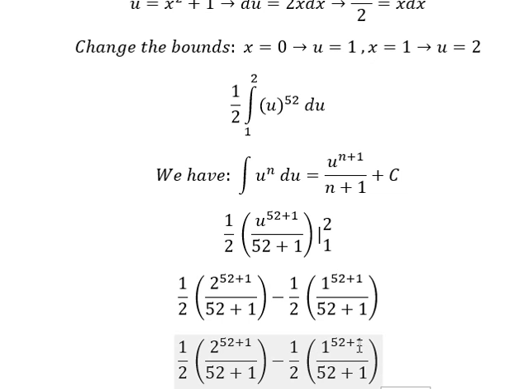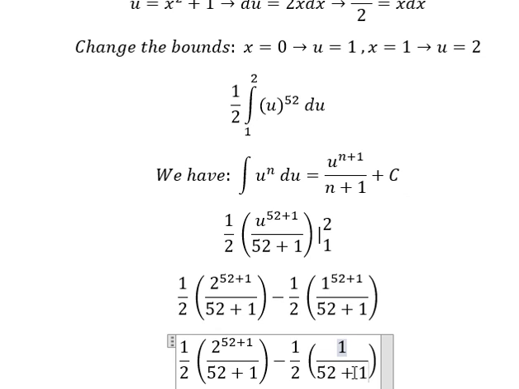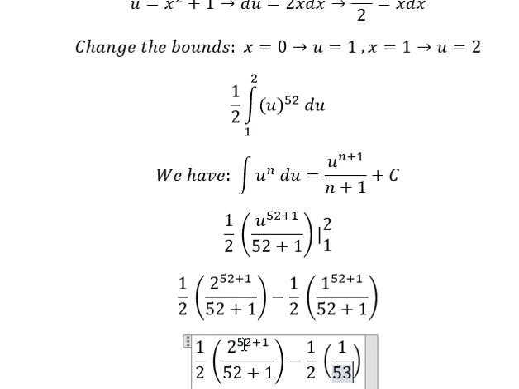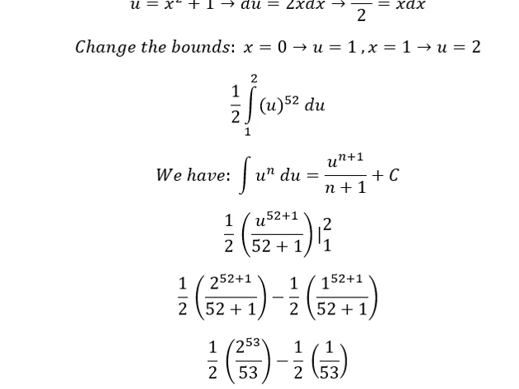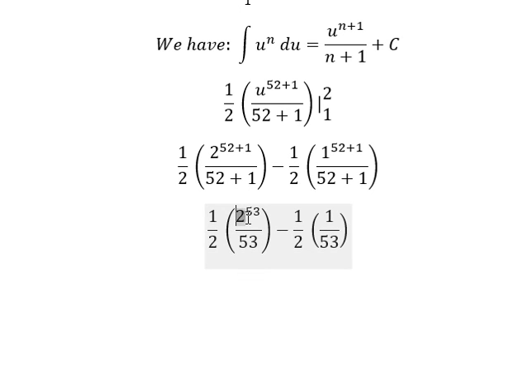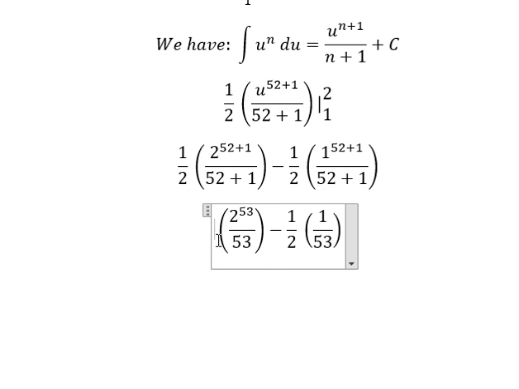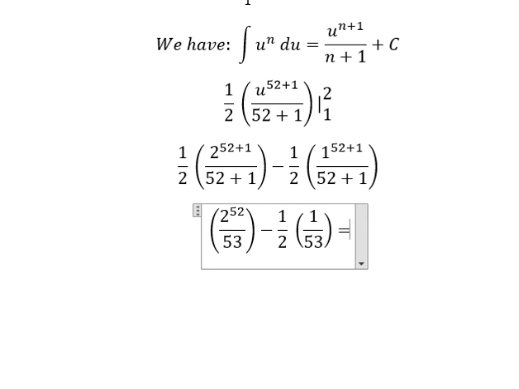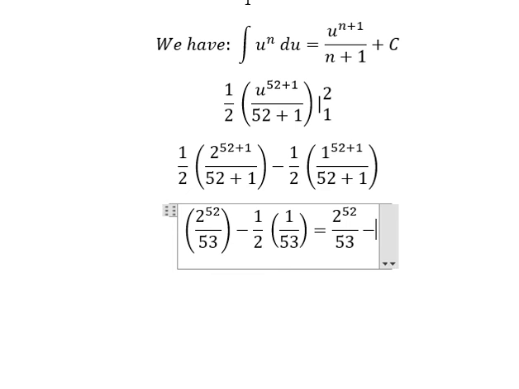So this one we have 1. This one we have 53, and this one we have 53. This one we divide by 2. So we have 2 to the power of 52, and now we can simplify like this.